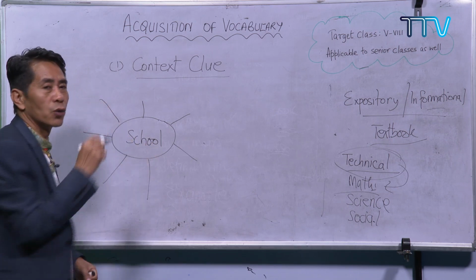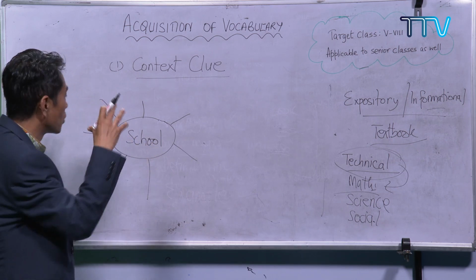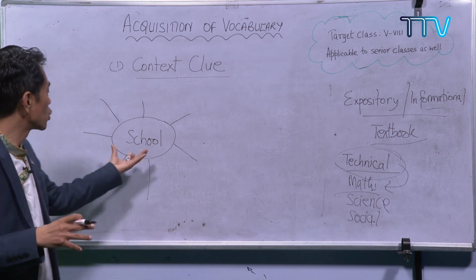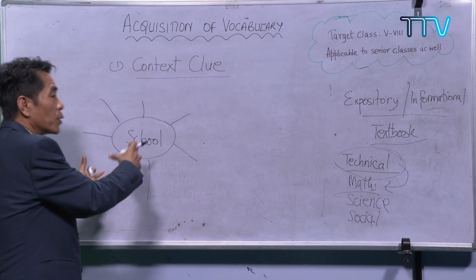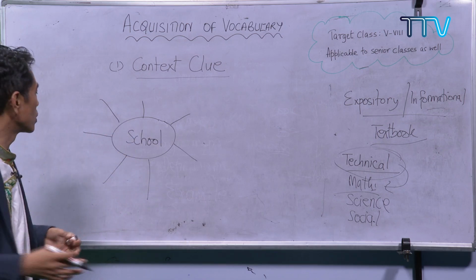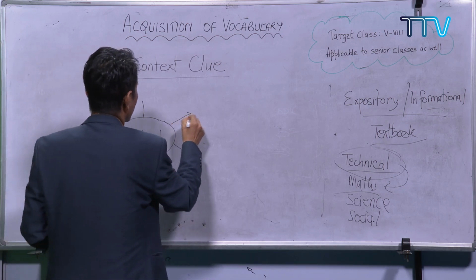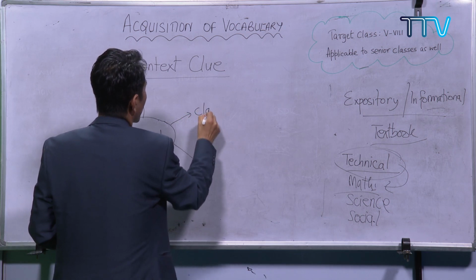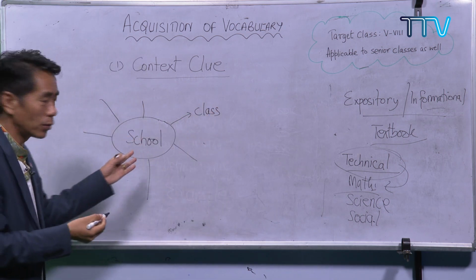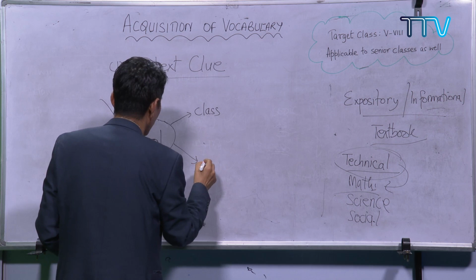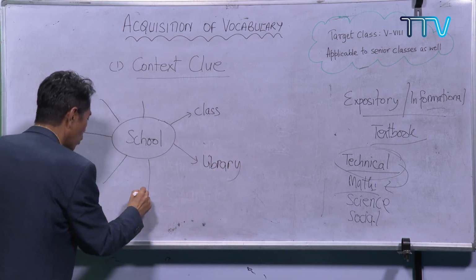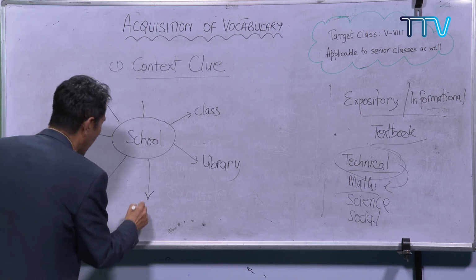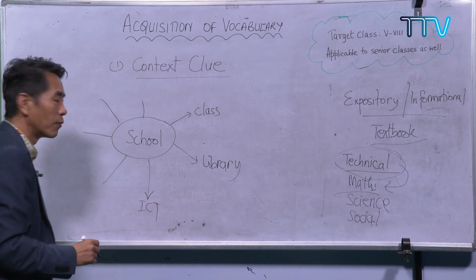Now, for example, school. What are some of the words? I'm talking about the small children, for example. That is the strategy, so you can use that strategy for different things. For example, in school we have got class. The class is related to school. We have got library, which is also related to school. We have got ICT room. You're familiar with this.